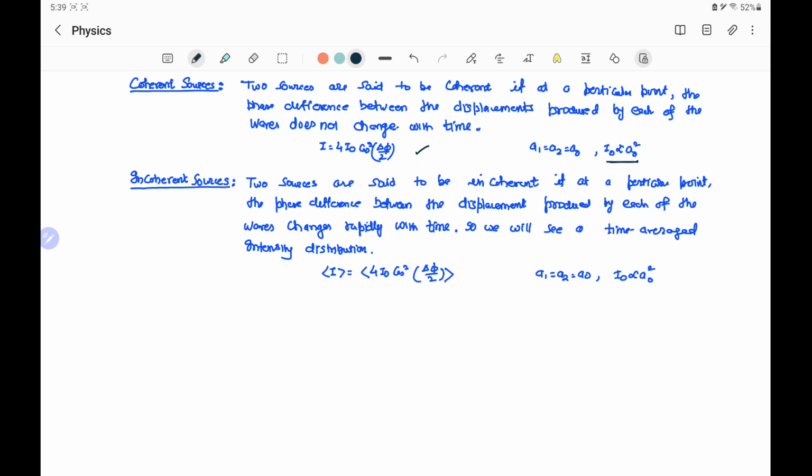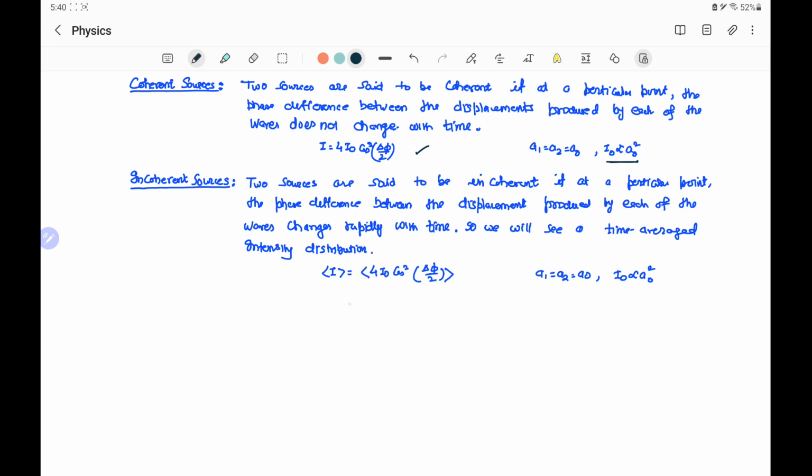But if sources are incoherent, that is, two sources are said to be incoherent if at a particular point the phase difference between the displacement produced by each of the waves changes rapidly with time, so we will see a time average intensity distribution. Taking the average of the expression for intensity, average of intensity equal to average of 4 I naught cos square (delta phi by 2).